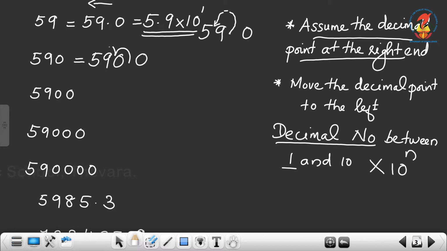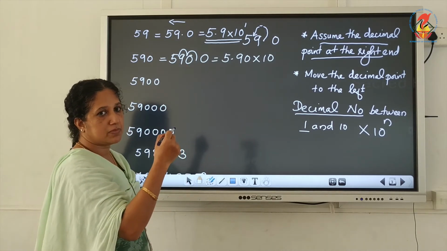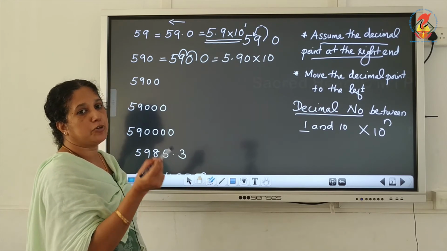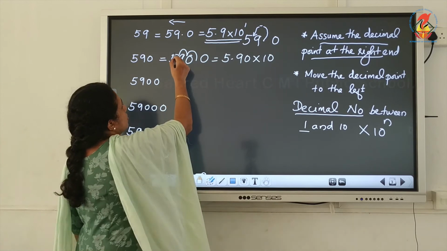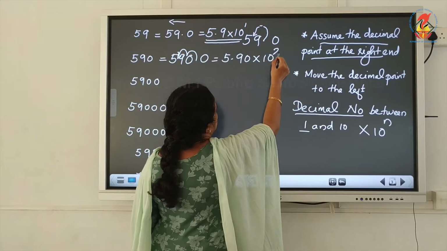So 1, 2, therefore we can write 5.90 multiplied with the powers of 10, and the power of 10 depends upon how many places the decimal point has been moved to the left. How many places? 2. Therefore 5.90 into 10 raised to the power 2.